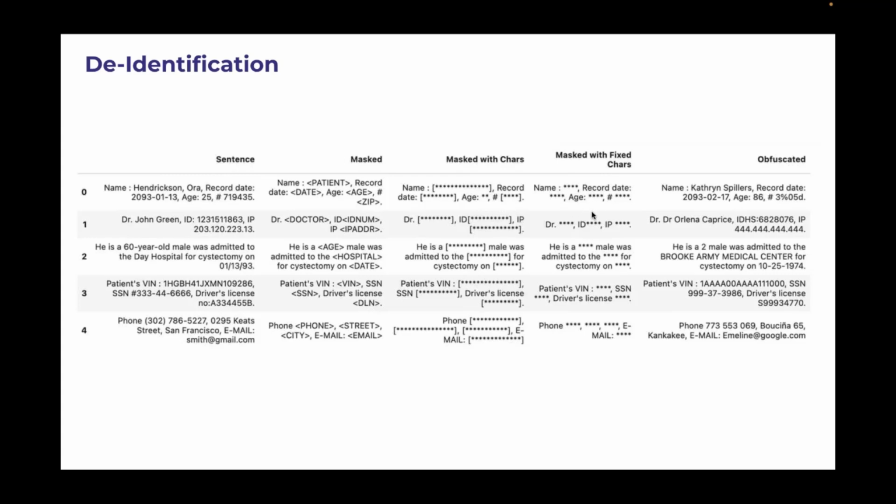If you don't want to do that, you can also do it with fixed-length characters. When we set it to 4, it replaces PHI entities with 4 stars. Also, it can replace the detected PHI entities with fake ones. As you can see, the patient name was replaced with a fake one, and the date, the age, the zip code, etc.